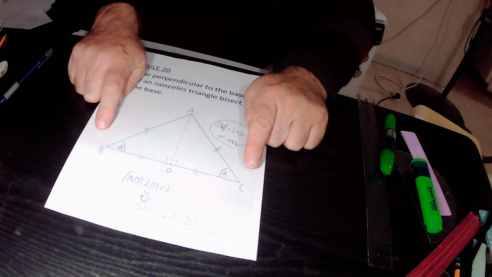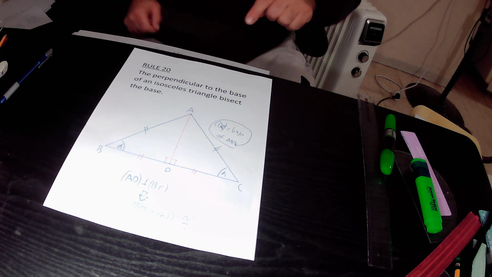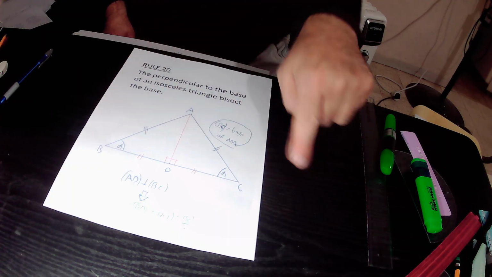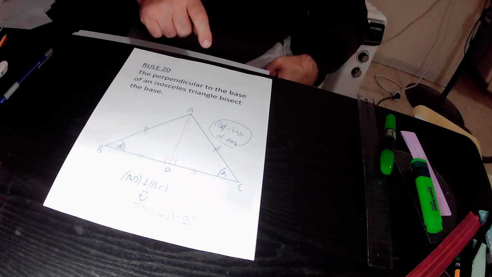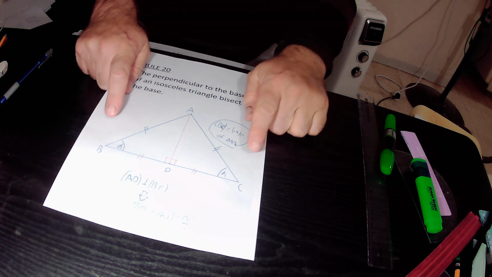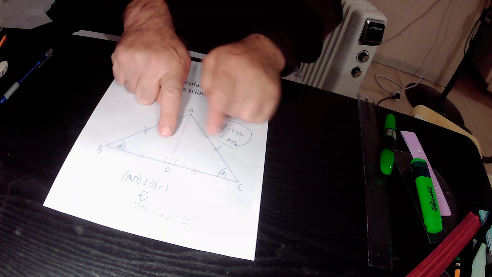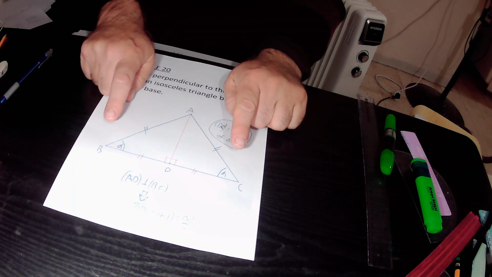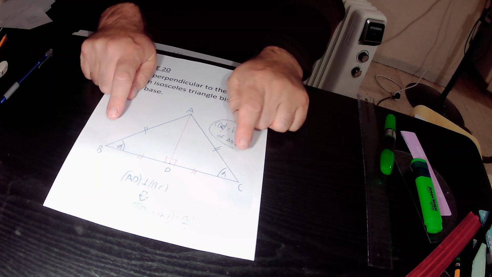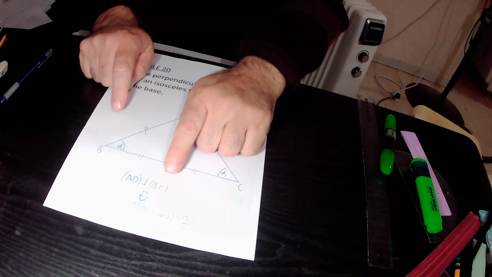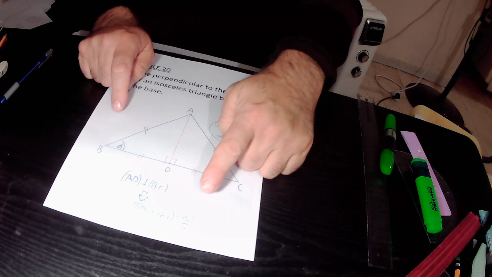According to rule 20, the perpendicular AD to the base BC bisects the base BC. This is to say the perpendicular AD divides the base BC into two halves. The first half BD is of course equal to the second half DC, and each half equals BC over 2. So BD equals DC equals BC over 2.